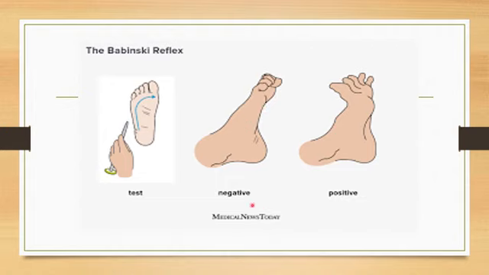This is Babinski sign negative, the normal response. It is called positive when there is dorsiflexion of the great toe, that is, the great toe is flexed upward towards the dorsal side, and the other toes are expanded. This is fanning of the other toes. This response is Babinski sign positive, and it is seen in upper motor neuron lesion.